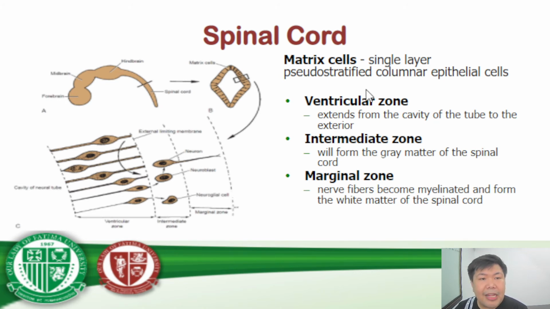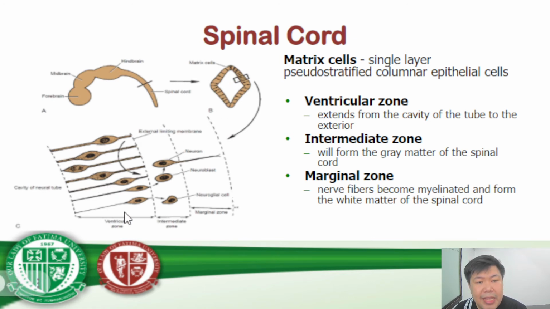No? And ano yung mga zones or layers na fino-form na itong pseudostratified cells natin? We have your ventricular zone, your intermediate zone, and your marginal zone. So yung ventricular zone, that is the zone nearest the cavity of the neural tube. Yun yung pinakamalapit dito sa cavity ng tube, no?